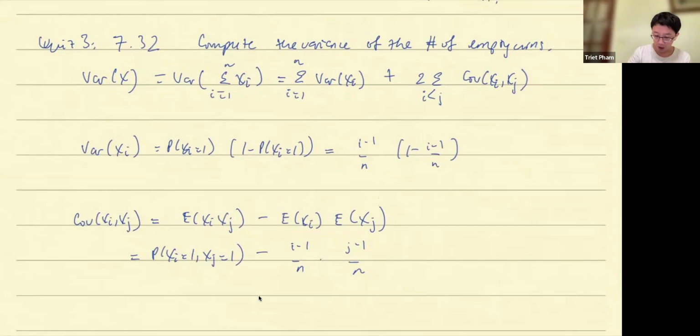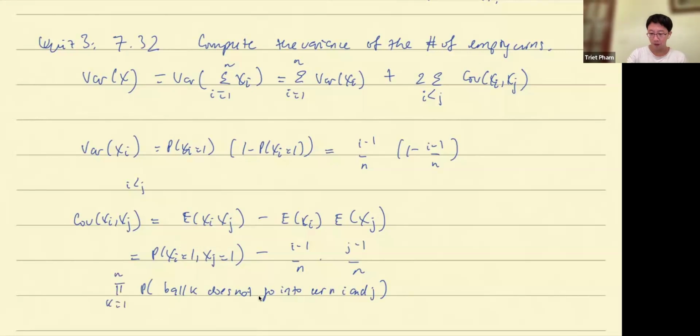So for i less than j, first of all, for any k less than i, the ball cannot go to either i or j, right? So maybe let me just write down. This is the same as the probability that ball k does not go into urn i and j. This is a product over all k's.